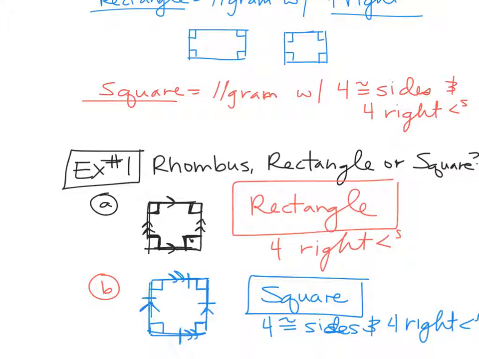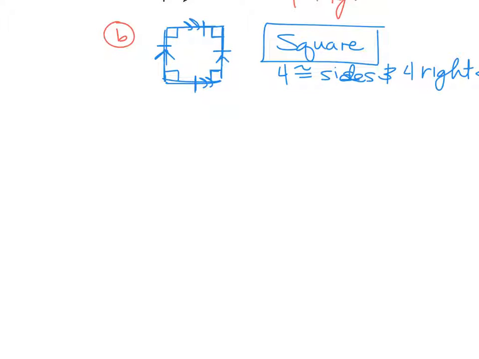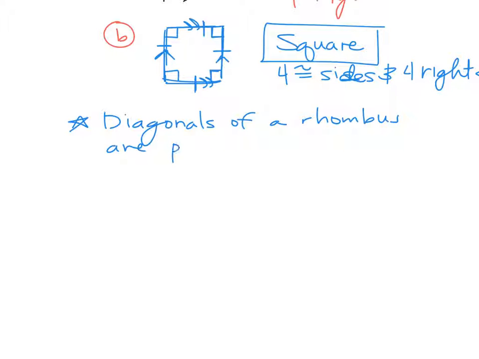All right, I have two theorems for you about rhombuses that you're going to use quite a bit today. The first one says the diagonals of a rhombus are perpendicular. Okay, and I think it's easiest if you actually start with the diagonals rather than starting with drawing a rhombus.